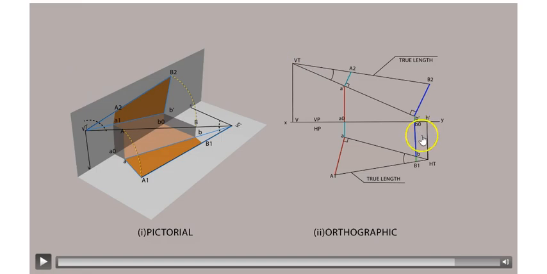So VT and HT are found out, and when we project that VT to the XY line, we call it V dash, and similarly when we project HT to the XY line, we call it H dash. So they are nothing but the projections of VT and HT in the corresponding planes.